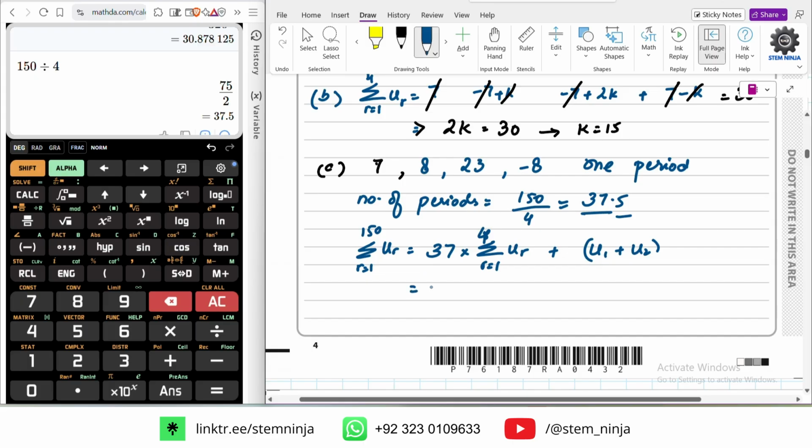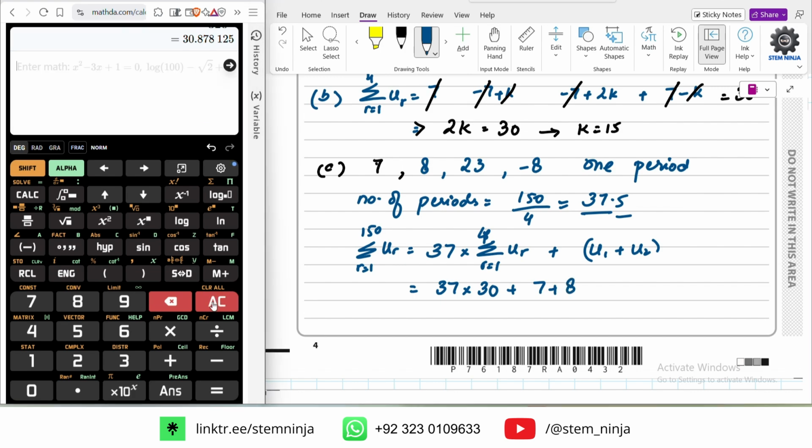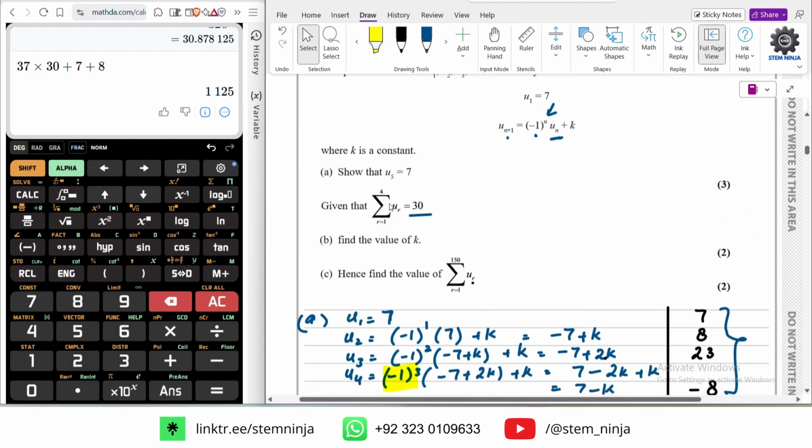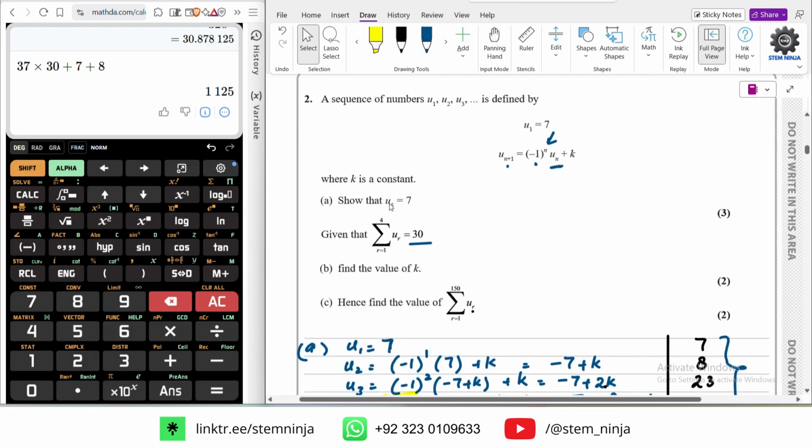Okay, so we have 37 times 30 plus 7 plus 8, which is 1125. Right, so this is the question number 2. Now on to question number 3.